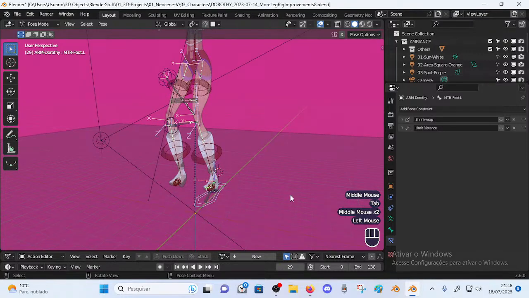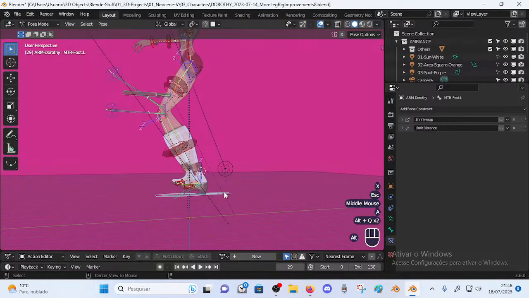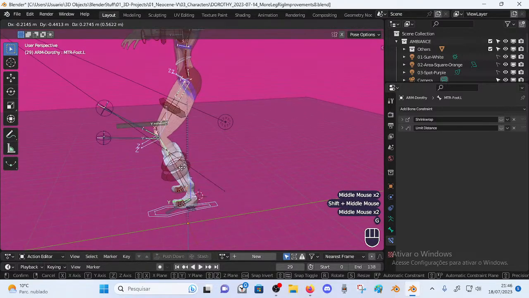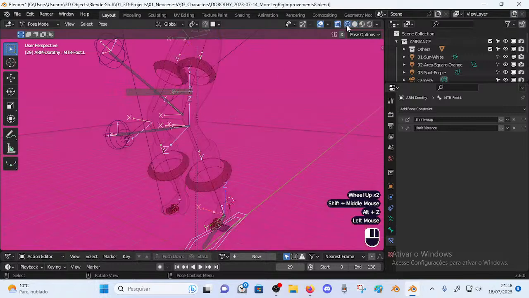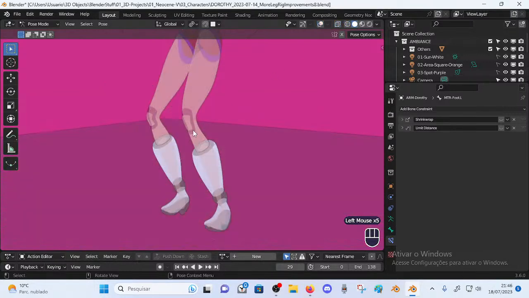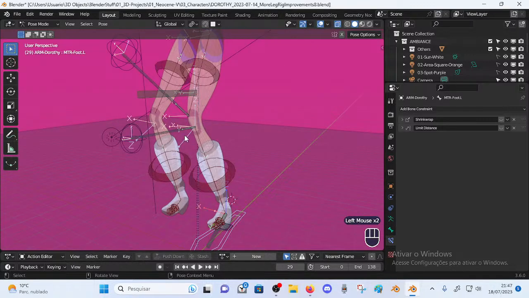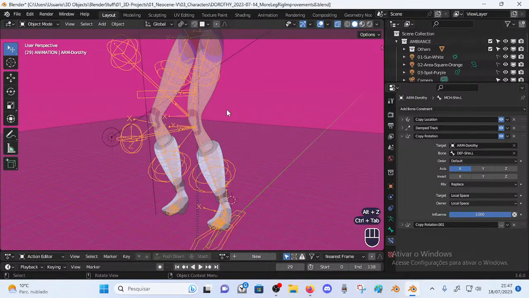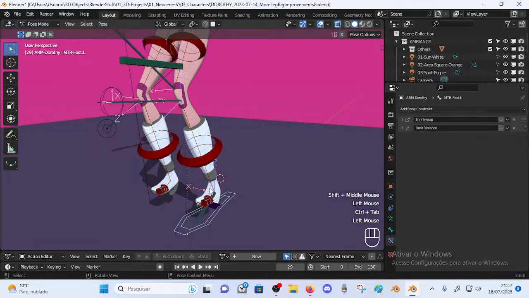But the cool thing is that even though we have this problem here that maybe I would need to fix, I have more or less a T-pose, right? But the most difficult thing, and that I've just solved, it took me a lot of trial and error, was this problem now.